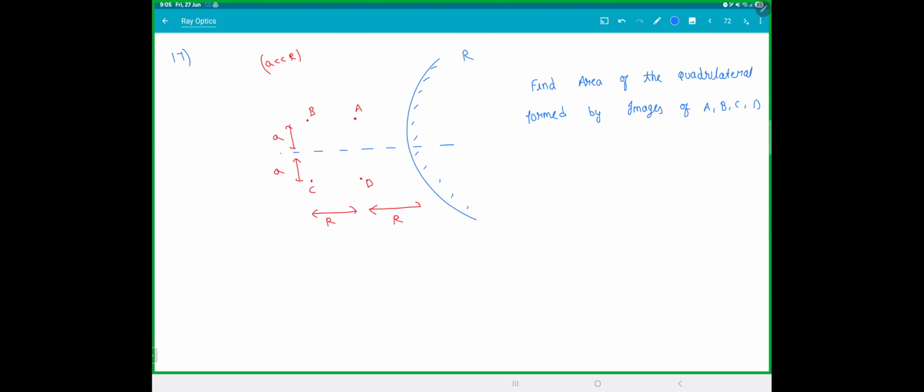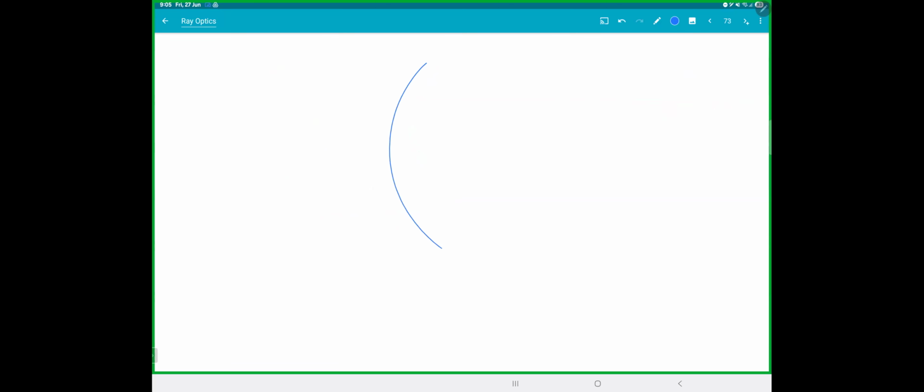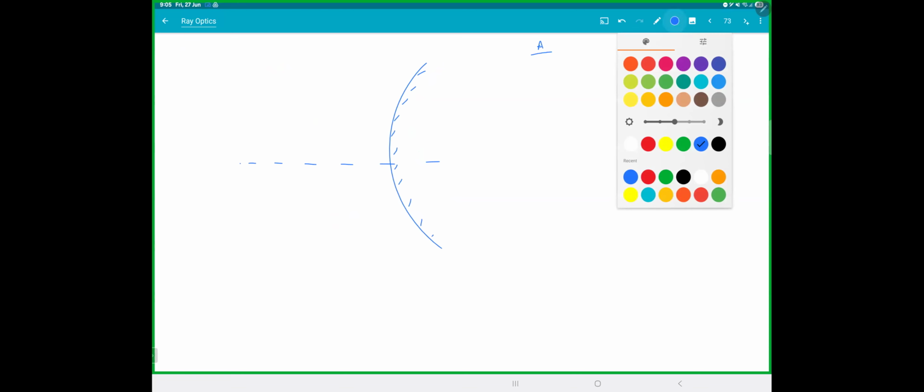Let's see. Right, Arush. Right, Saish. Right, Ishana. Right, Aditya. See. If you take the image for A, you just need to do for two of them. Drop the perpendicular, you will get A dash, drop the perpendicular, you will get B dash.